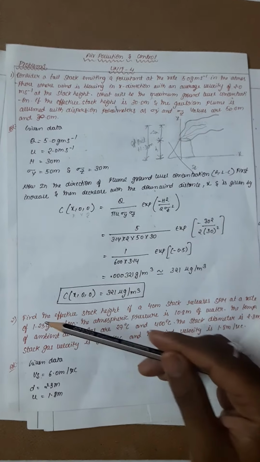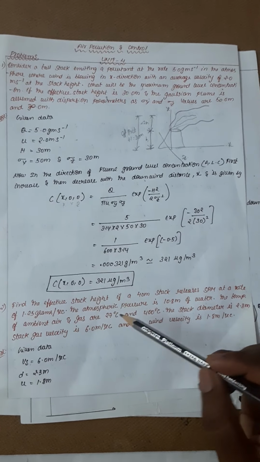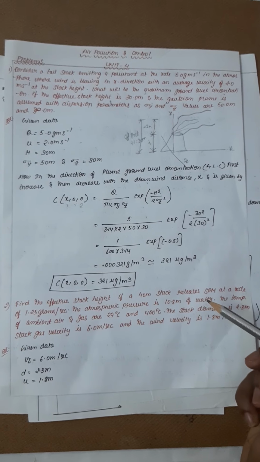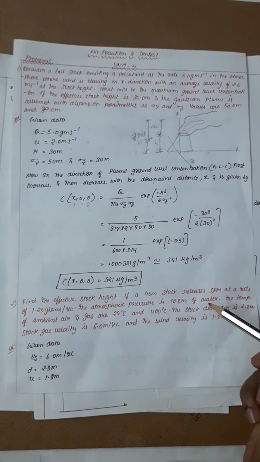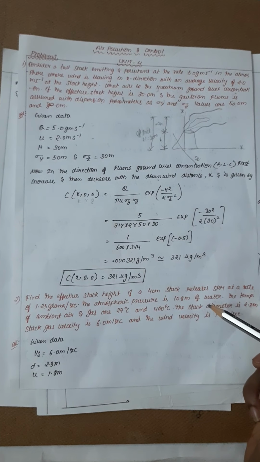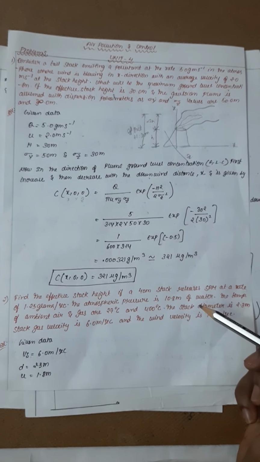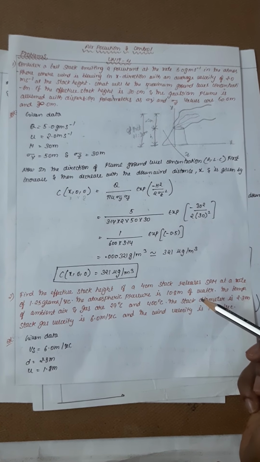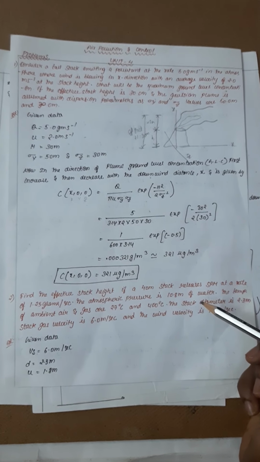Okay, the next problem: find the effective stack height if a 40 meter stack releases SPM at a rate of 1.25 gram per second, the atmospheric pressure is 10.8 meter of water, the temperature of the emanant air and the gas is 27 degrees Celsius and 400 degrees Celsius.